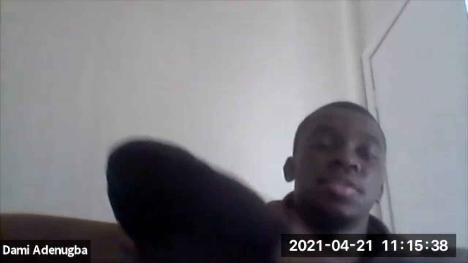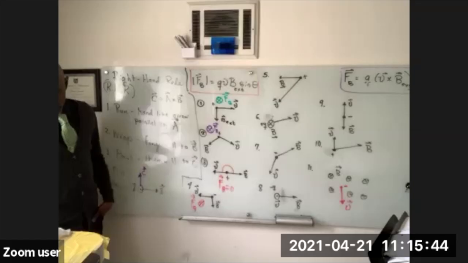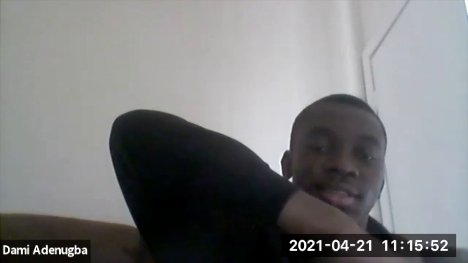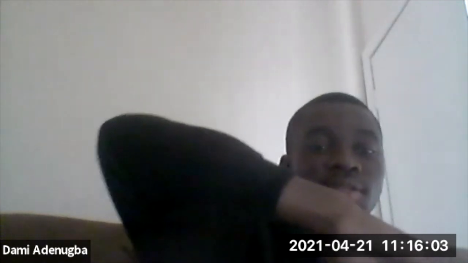So if V is parallel to your arm like this, and I think the magnetic force is pointing in this direction, like parallel to V, and then it points towards you.